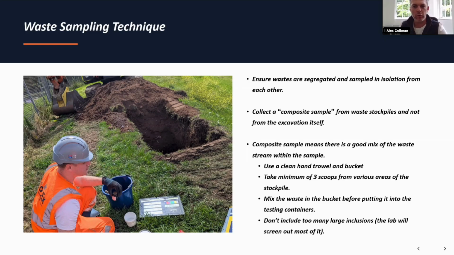But a composite sample in our world, and how we would advise to take it, is the engineer would have a clean bucket and a clean trowel, and they would be taking multiple scoops. The minimum of 3 is specified in the protocol, but multiple scoops from around the stockpile itself, not just one specific area. It goes into the bucket, it gets mixed up, and then it gets placed into the sampling containers, which are tubs and jars, which I'll talk about in a minute.